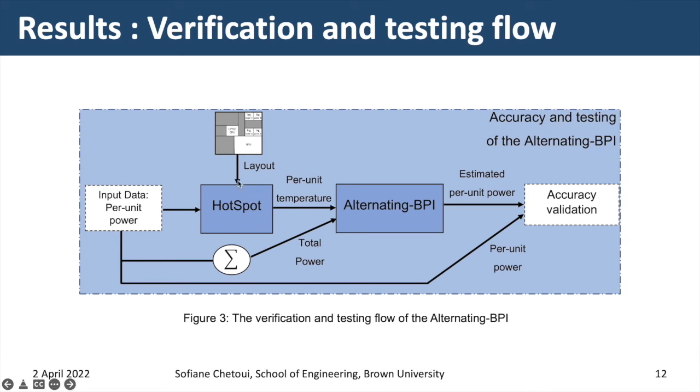So basically HotSpot, the thermal simulator, takes as input the layout of the circuit that we are trying to use, as well as input data which consists of the per unit power consumption. And then HotSpot gives as output the per unit temperature of the different units, which is given as input to the alternating BPI along with the total power consumption of the different units.